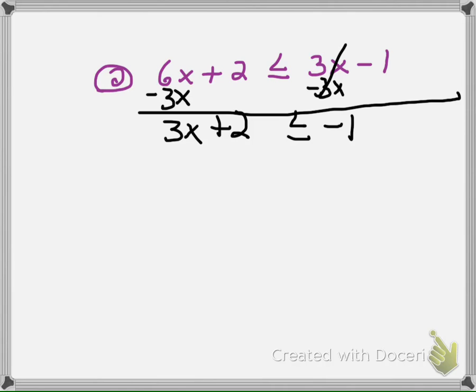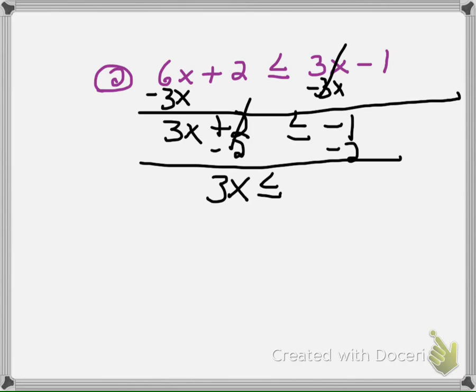Okay, well, what's the next thing I have to do to get the variable by itself? I have to subtract 2 here, which means I have to subtract 2 here. Okay? 2 and negative 2 ends up being nothing, so I cross it out, 3x. Drop your sign. And negative 1 minus 2 is negative 3.